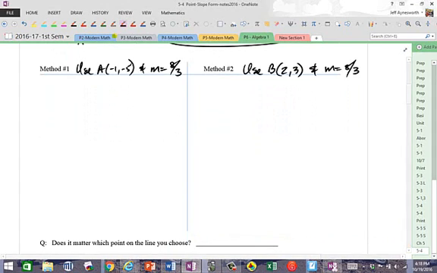So let's write down point slope form. So we got y minus y1 equals the slope times x minus x1. So what we need to understand is this, that x1, y1 represents your point that you choose. So in this case, x1 is -1 and y1 is -5. So let's substitute those values in and solve for y.